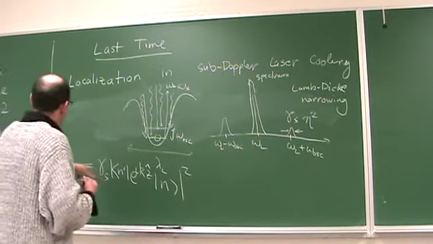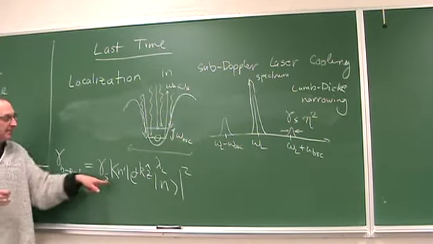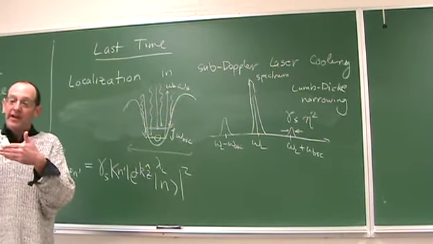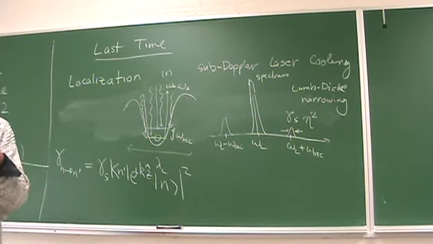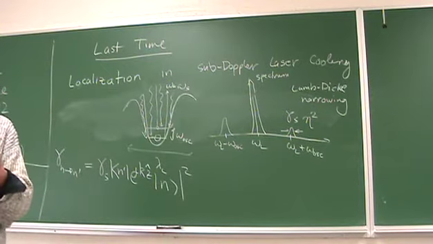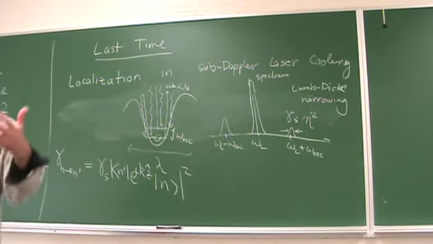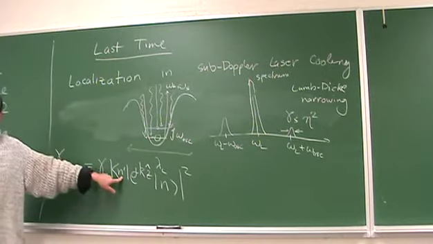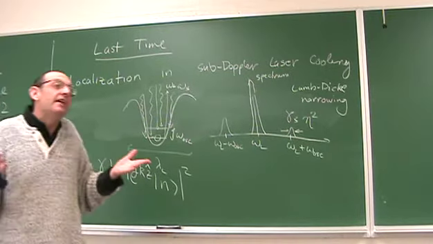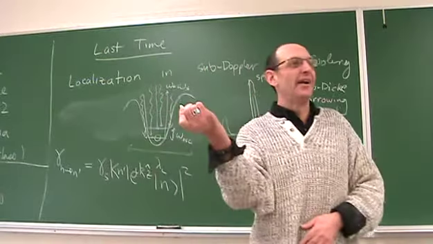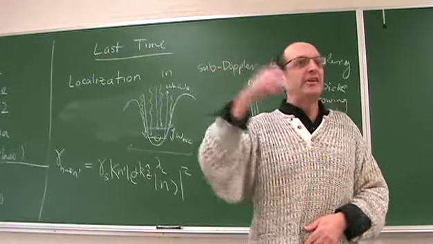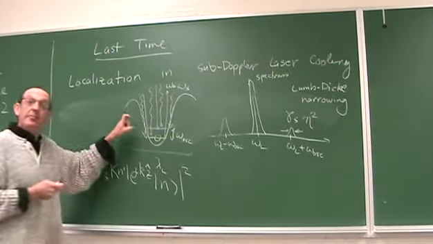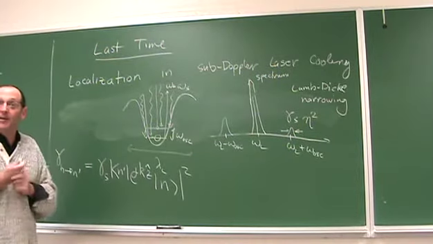So the overall transition rate depends not only on the scattering rate, but whether or not you can go from some initial state having to do with the motion of the atom, absorb that recoil, and go to the final state. If you're in free space, there's no problem. You go from one momentum state to another. But if you're bound, well, then there's some gap here, okay?